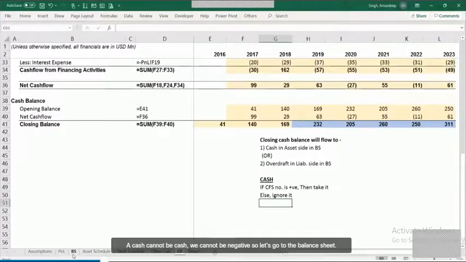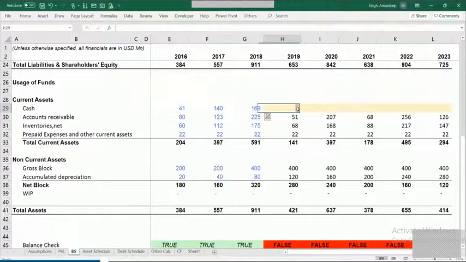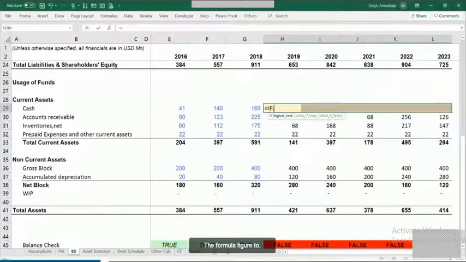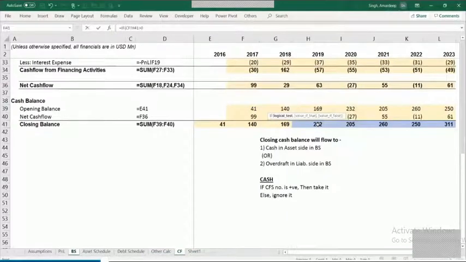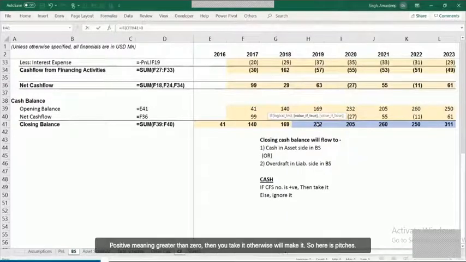So let's go to the balance sheet and put the formula. If the cash flow statement figure is positive, meaning greater than zero, then you take it, otherwise you make it zero.